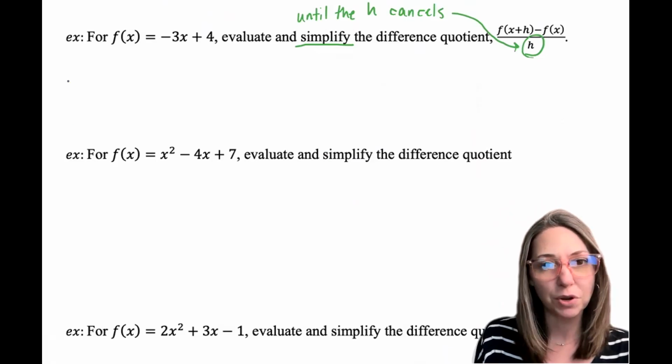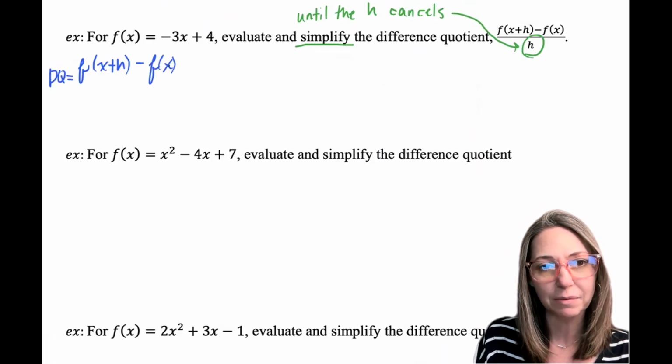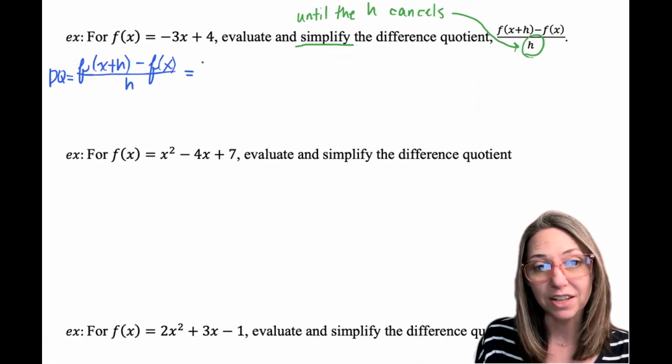All right, so let's compute it. Okay, so we have f of x plus h. Let's call it DQ. DQ equals f of x plus h minus f of x all over h. All right, f of x plus h, that's negative 3 times parentheses x plus h plus 4.